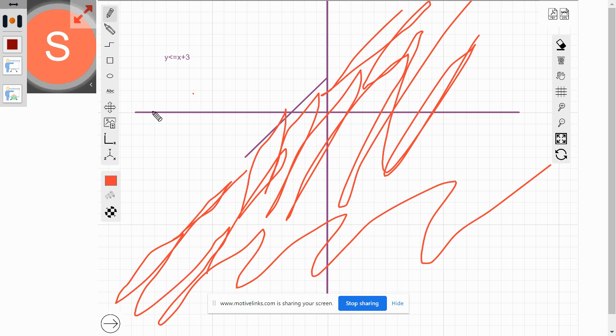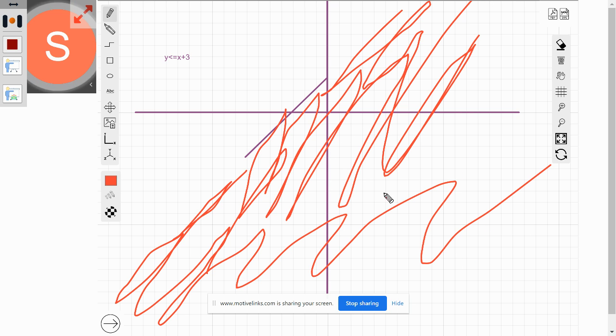So the other side, the upper side of the line, is not going to be a solution. A solution to this inequality, if it was graphed on the x and y axis, would be anything which is shaded right here.